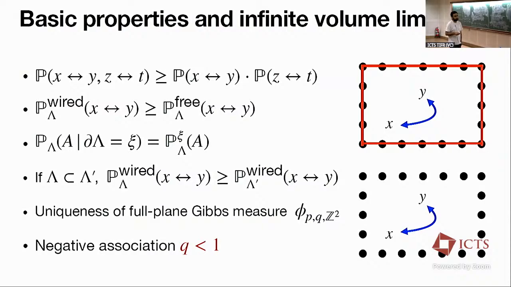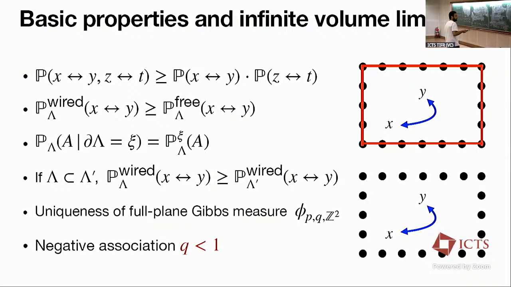Then you also have the free boundary conditions, where you don't force connections between boundary vertices. This model has positive association, which means that the connectivity between X and Y is higher in the wired model than in the free model. The reason is that you can use the boundary clusters; they really favor you.